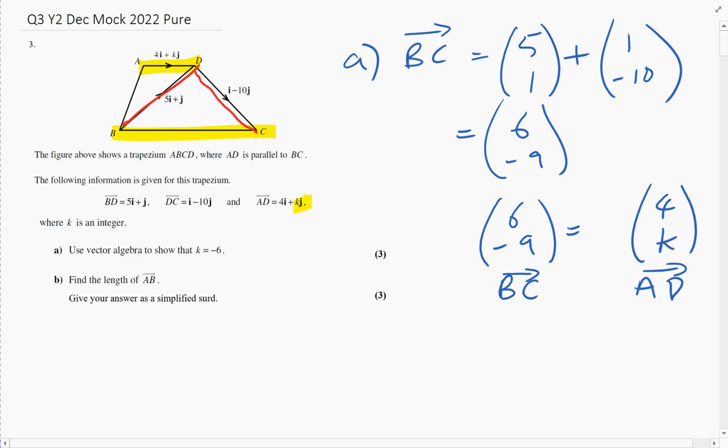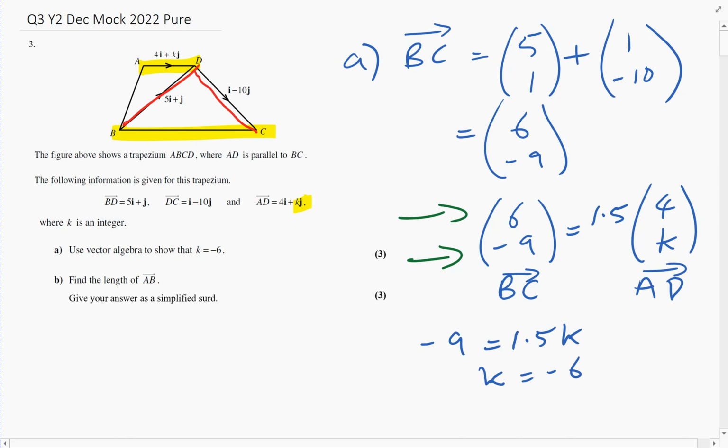So straight away you can see from the top row, what you multiply 4 by to get to 6, it's going to be 1.5. So if we now look at the bottom row, we know that -9 is going to equal 1.5k, and so k is -6, as we were asked to show.